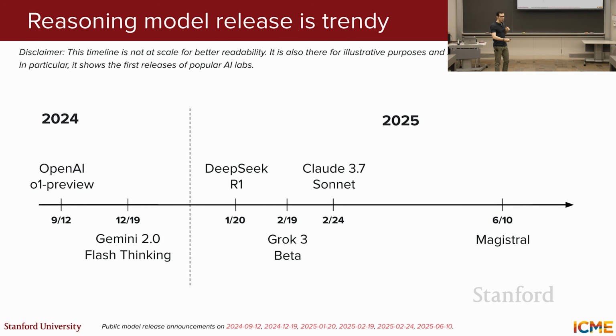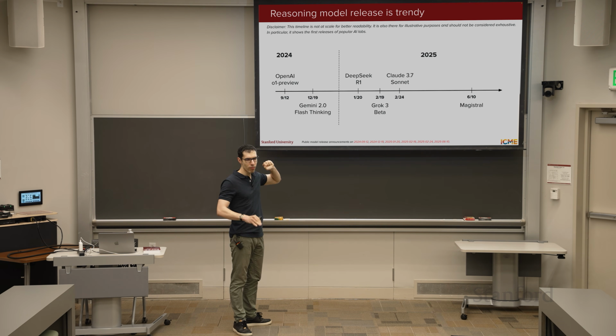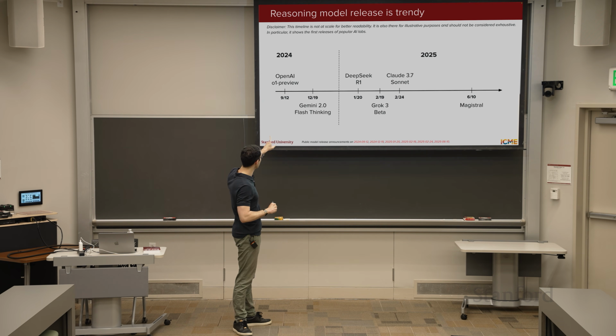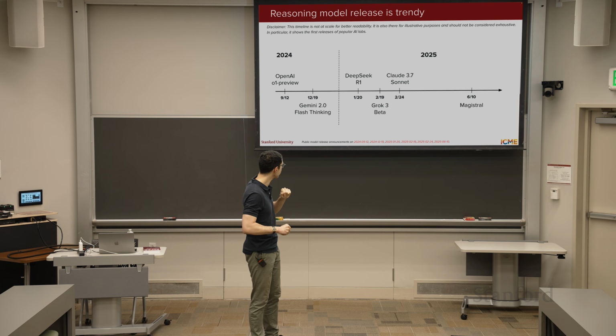I was saying that this topic has been very hot and trendy for the past year. So this is a little bit of a preview of the timeline of reasoning models. Reasoning itself is a topic that has been studied for more than a year, but reasoning models started popping out with OpenAI's release of O1 preview, in September of 2024.